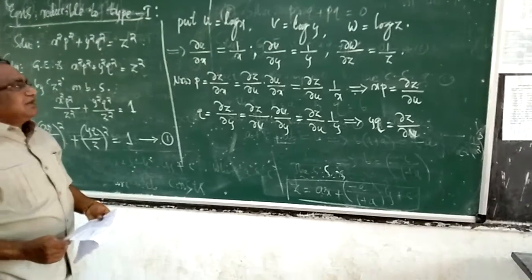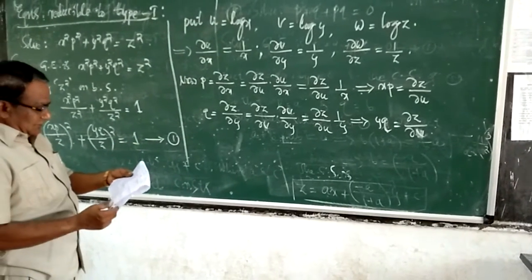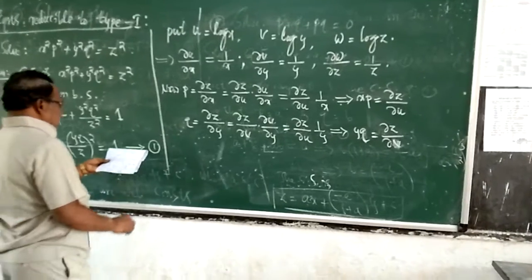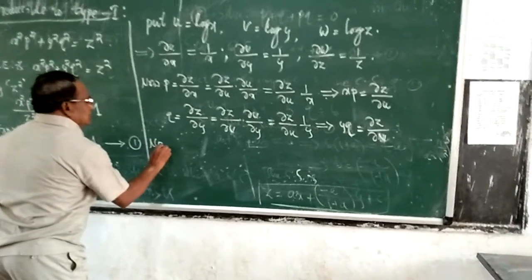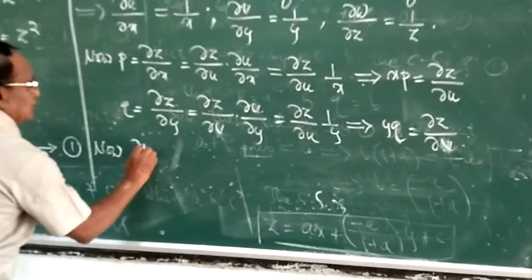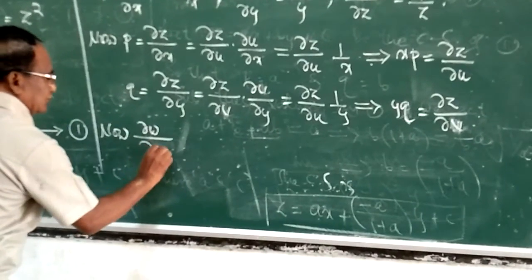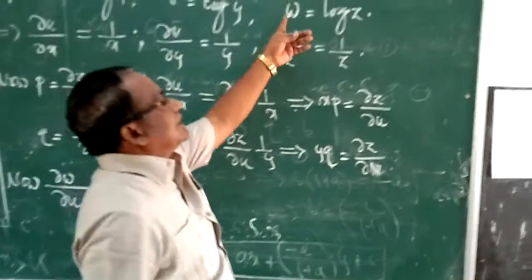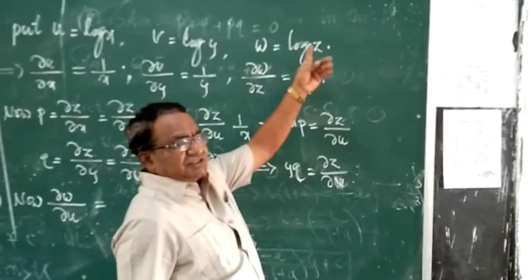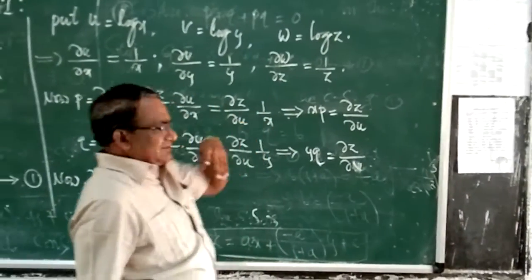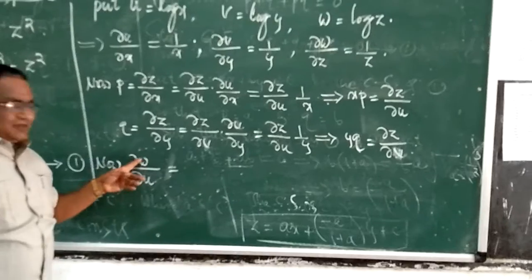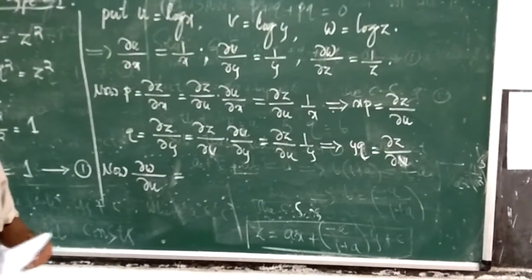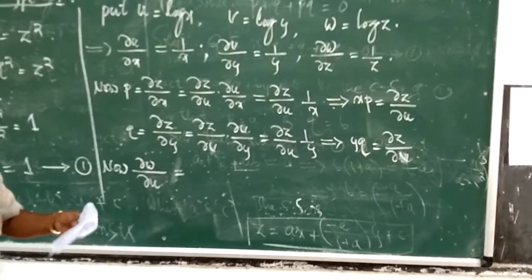Now let us see what is dou w by dou u here. W is a function of z. I wanted to find dou w by dou u. Then what is it? Very good.